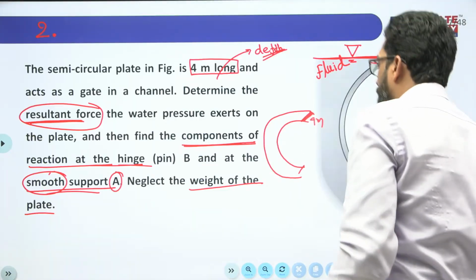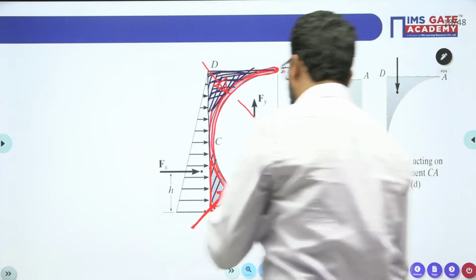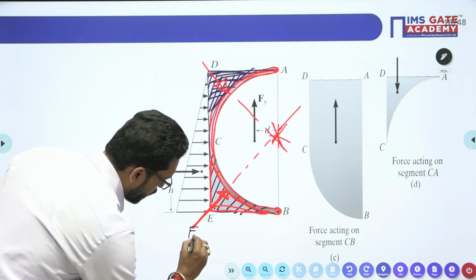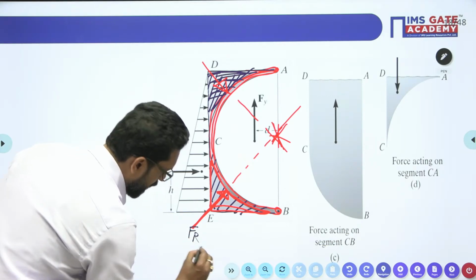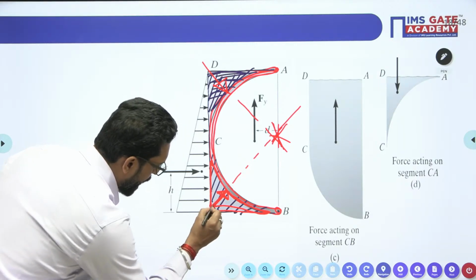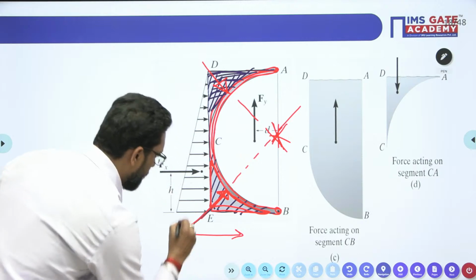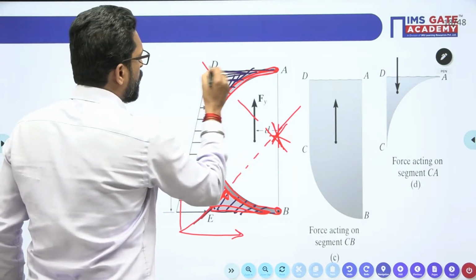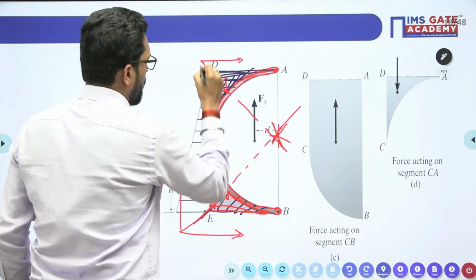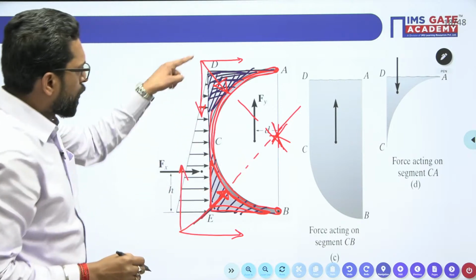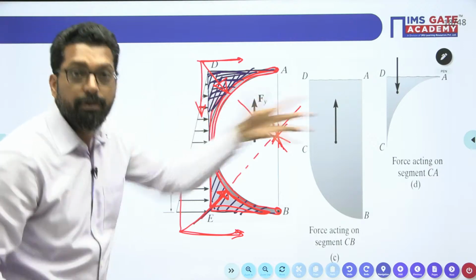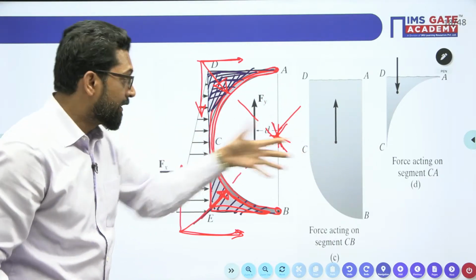Now you have to calculate the vertical force. So this is the resultant force, this is your net force. This force has two components, one horizontal, other vertical. You have calculated the net horizontal force.